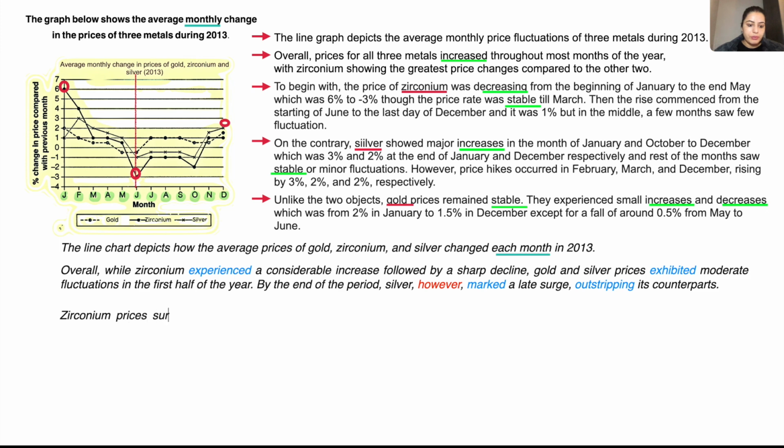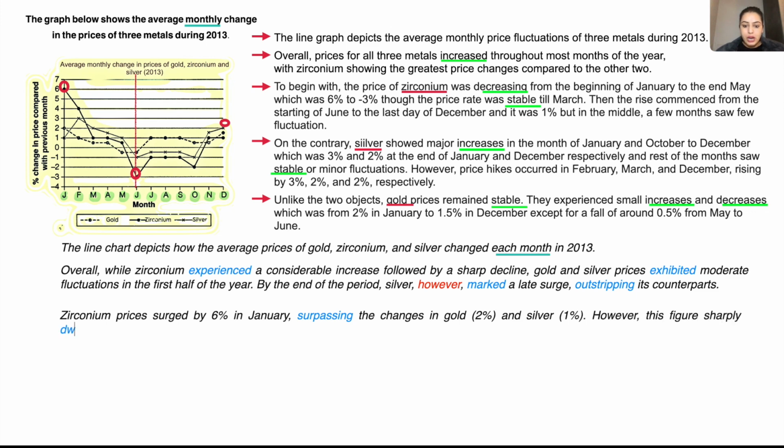Zirconium prices surged by 6% in January, surpassing the changes in gold, 2%, and silver, 1%. However, this figure sharply dwindled to 1% by March and plummeted to -3% by June.